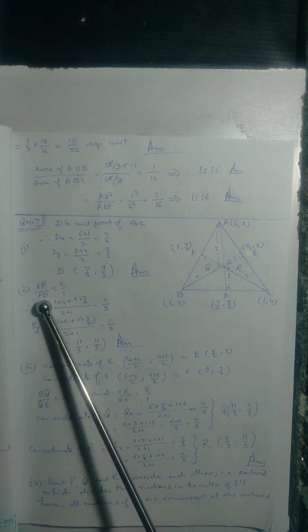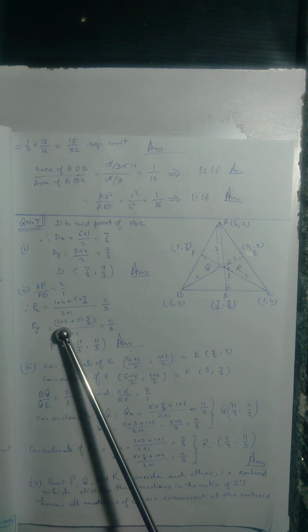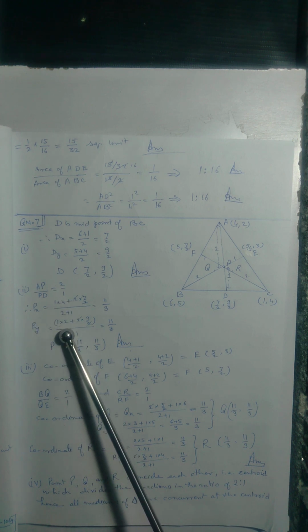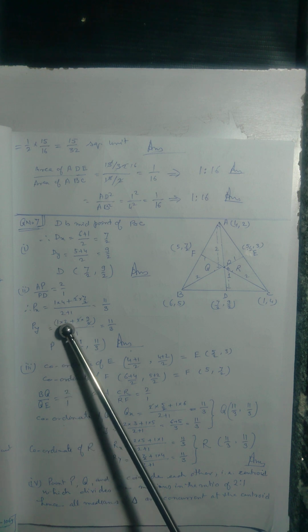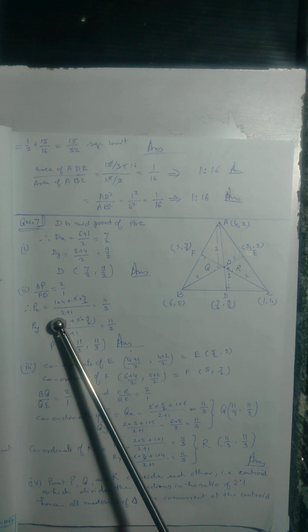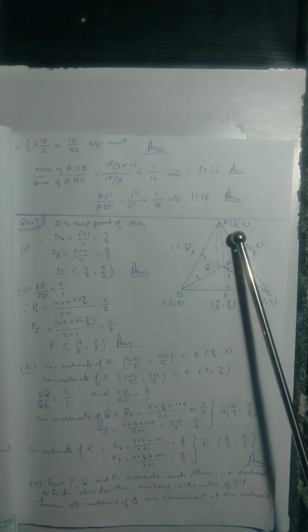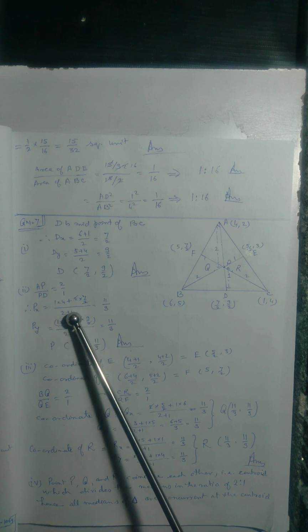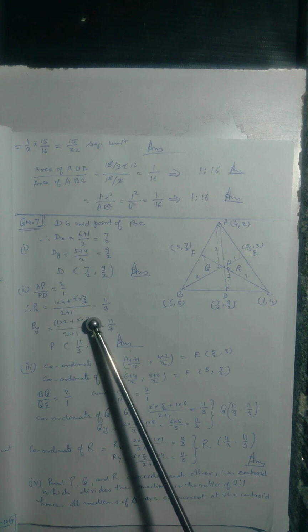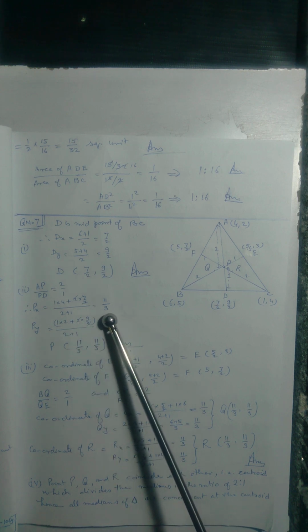Now AP by PD is equal to 2:1. So find out the coordinate of the point P with the help of the coordinates of points A and D. You see, (1 into 4 plus 2 into 7/2) whole divided by (2 plus 1), that is 11/3.